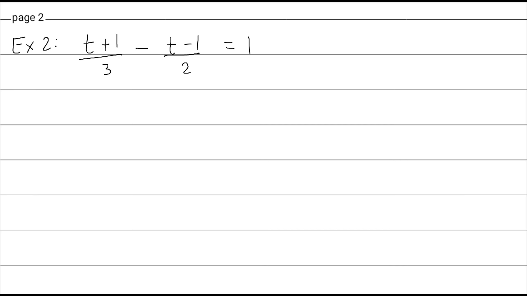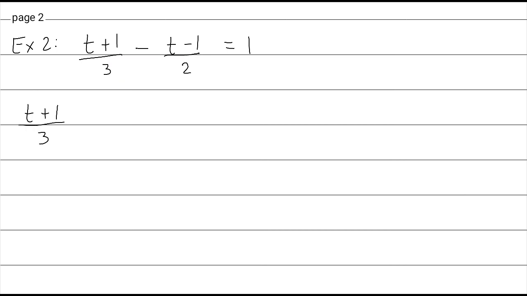So we see 3 and 2. This one technically has a denominator of 1. You can ignore that though. 3 and 2 both go into 6, so 6 will be my common denominator. That's what I'm going to multiply everything by.